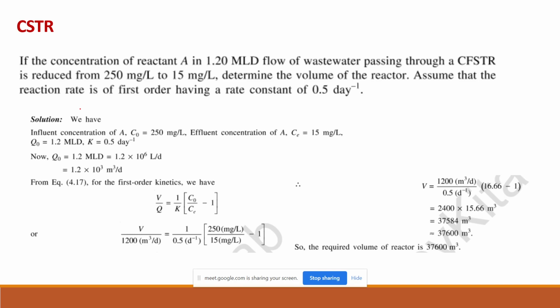We have covered three main concepts, that is hydraulic retention time, F/M ratio, food to microorganism ratio, and now we are going to do a numerical on the reactor volume, where we are studying with respect to CFSTR, that is a continuous flow stirred tank reactor.